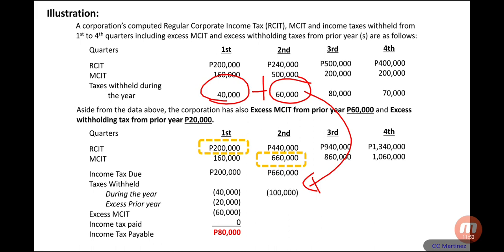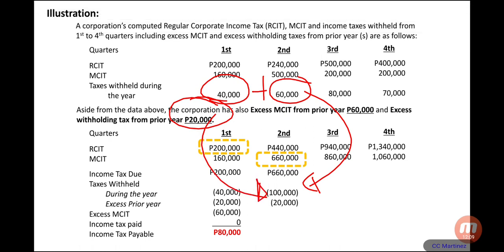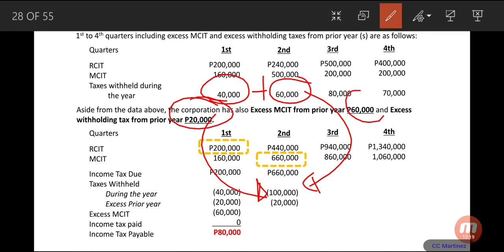So, meron din tayong excess prior year na taxes withheld, 20,000. Saan nakuha? So, sa given pa din, meron tayong taxes withheld na 20,000. Excess MCIT, gagamitin ba natin? Gagamitin ba natin yung excess MCIT na 60,000?